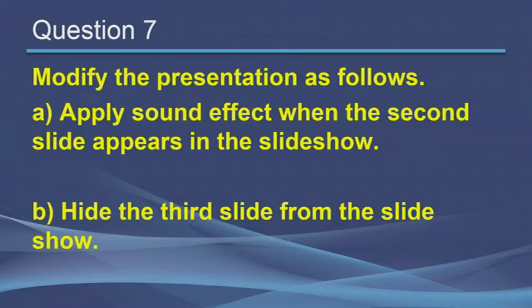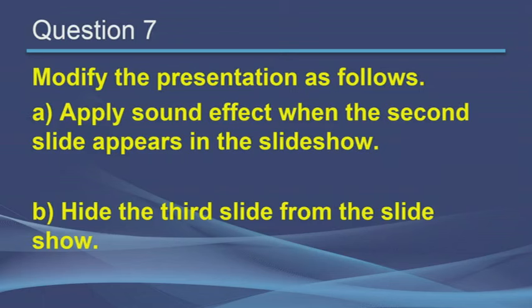First, 7th question A, apply sound effect when second slide appears in the slideshow. When you are asked to apply a sound effect, that means you are asked to add a transition sound. Not a sound as an object, but you have to add a transition sound.